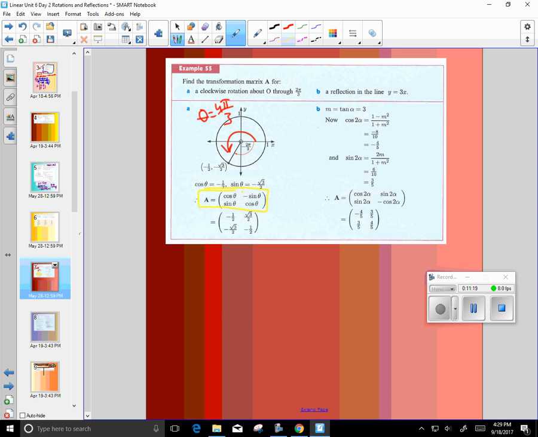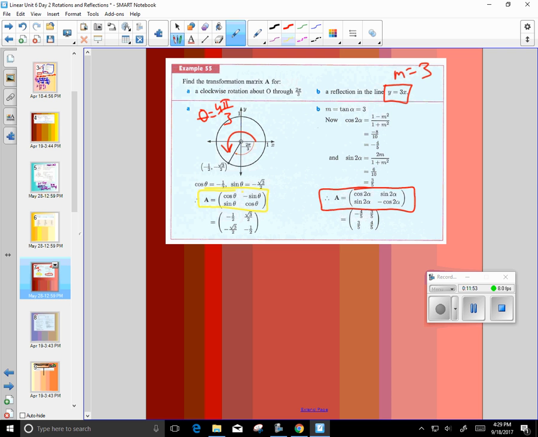For the reflection about the line y equals 3x, m, of course, is equal to 3, because y equals mx plus b where b is 0. And so if we know the slope is 3, we can get these values by using the equations that were proved earlier. I didn't prove them, but the cosine 2 alpha was 1 minus m squared over 1 plus m squared.